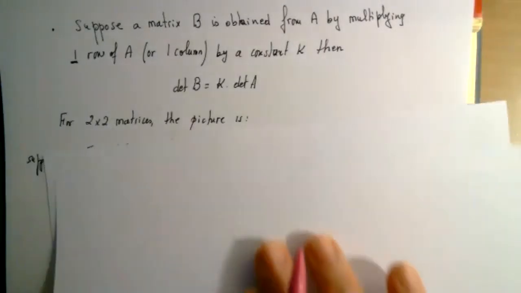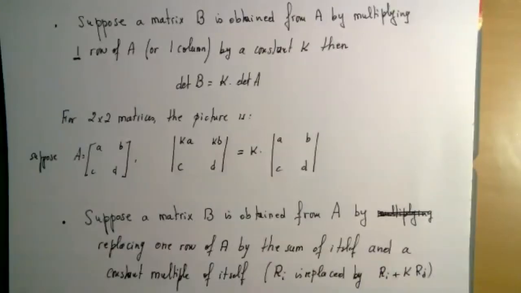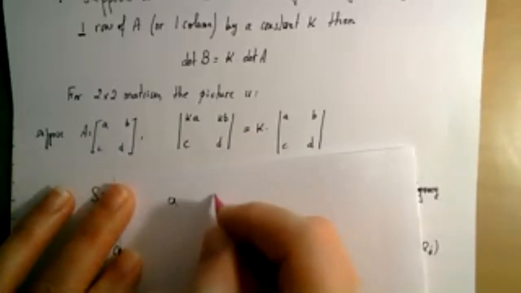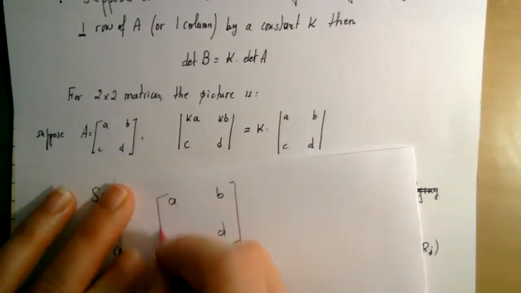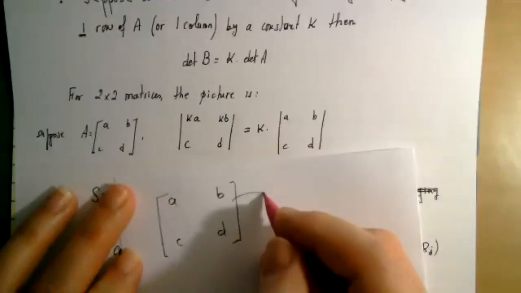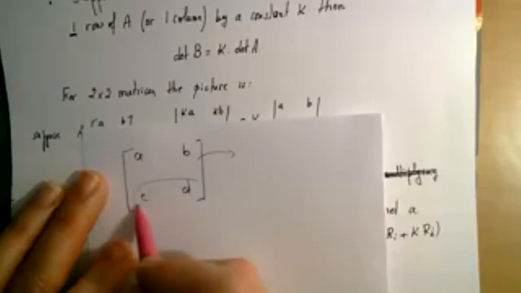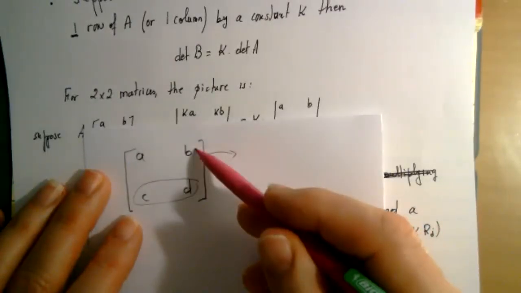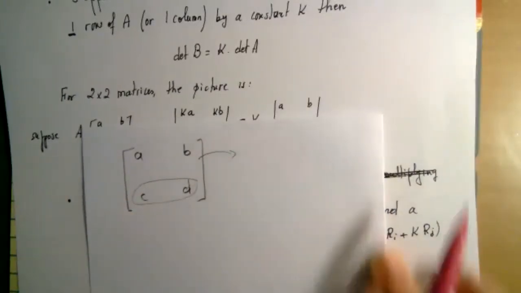Suppose I have a matrix A, B, C, D. And let us remember what was the most important operation. The most important operation is replacing a row by the sum of itself and a constant multiple of another. That's really the most important operation.